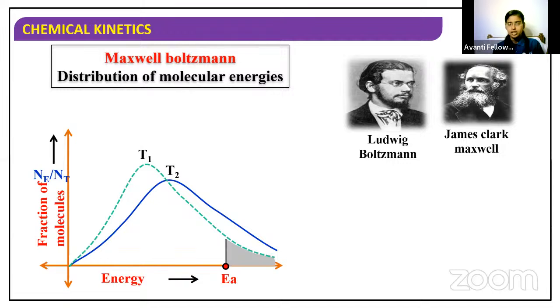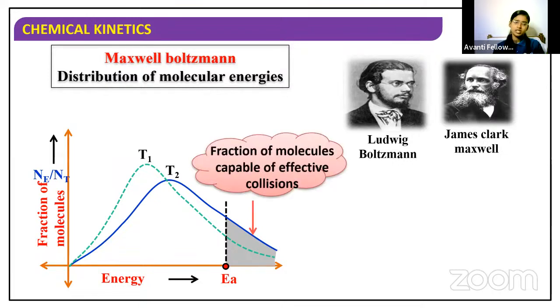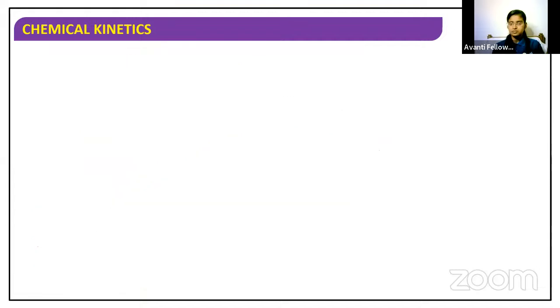The energy is getting distributed, and now the activation energy is raised for T2. You see, the activation energy has increased now. In this area, some fraction of molecules have the capability for effective collision. Clear?